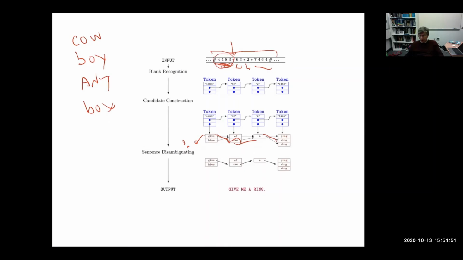Suppose we had a situation where the possibilities here were "give," then "me" or "Skina," as another alternative, and then "of."